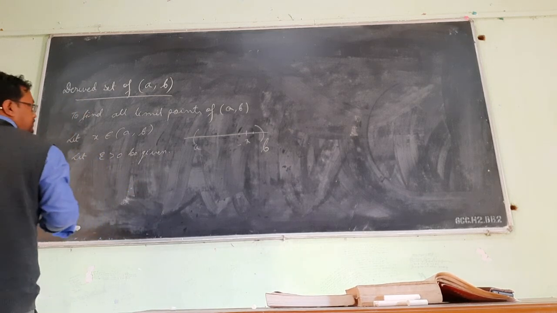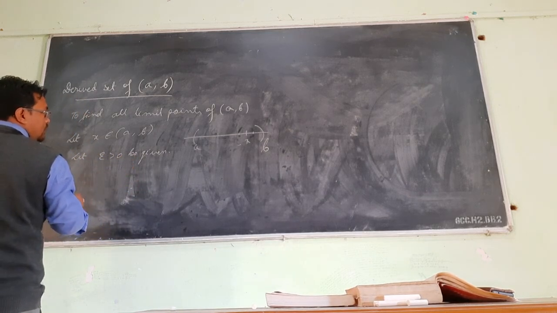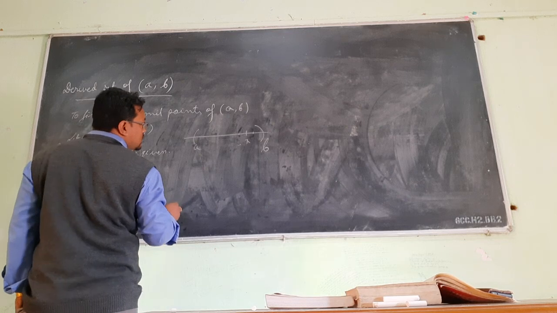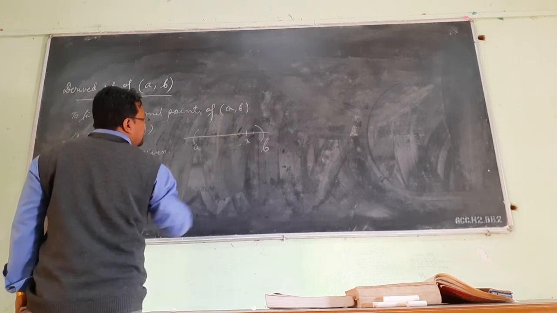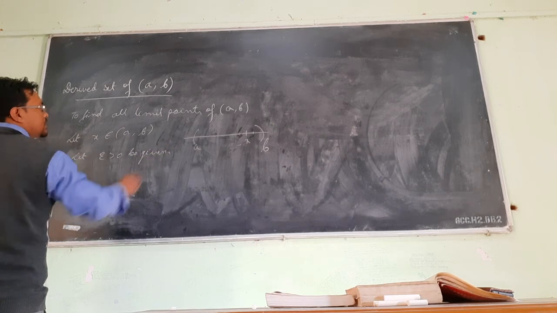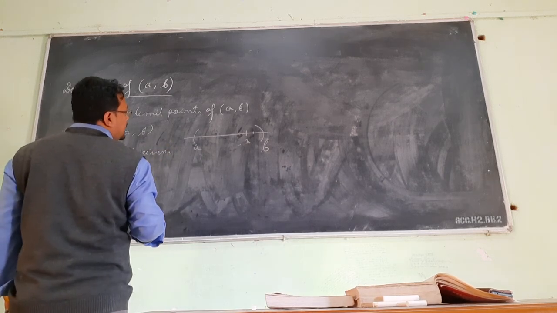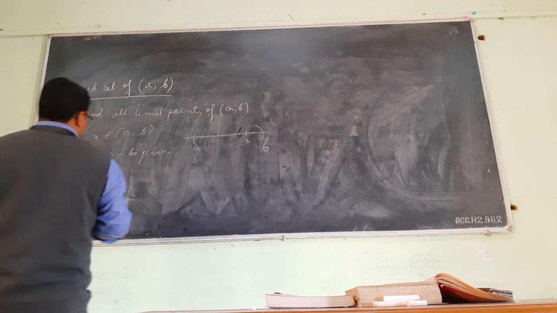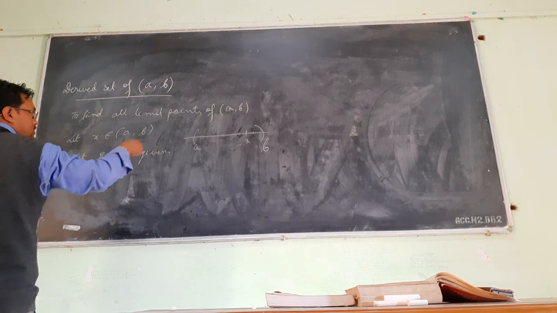So if this happens, epsilon greater than 0 be given, I need to find at least one point inside x minus epsilon to x plus epsilon.